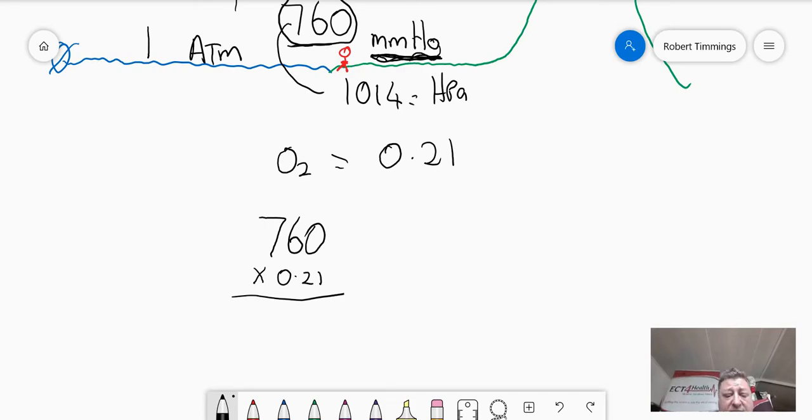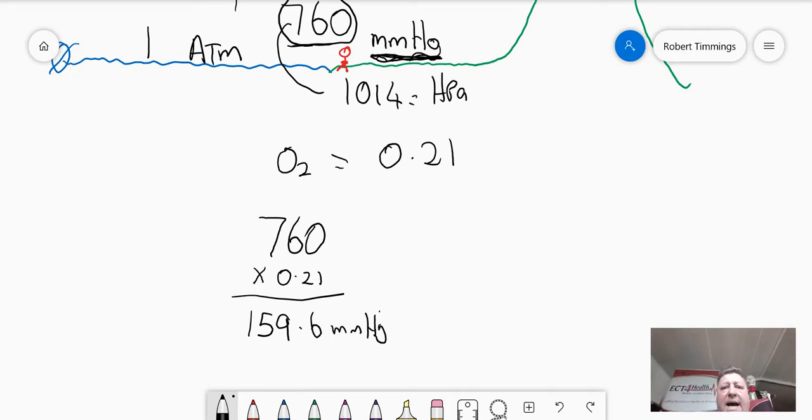And if we did that maths, we would find this number to be 159.6 millimeters of mercury is the pressure of oxygen in the air that you're breathing.